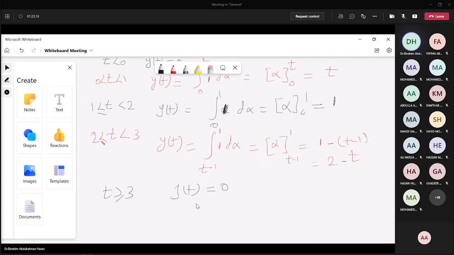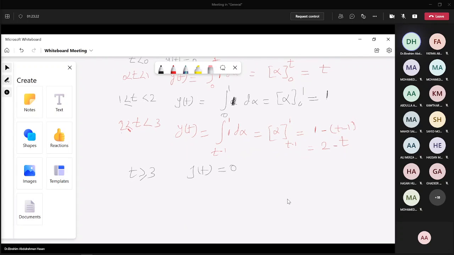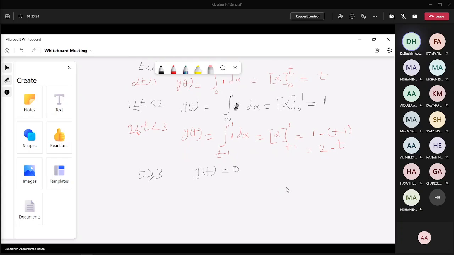Okay, one minute, we just draw it and that's it. Okay, so y of t equals 0 for t less than 0.